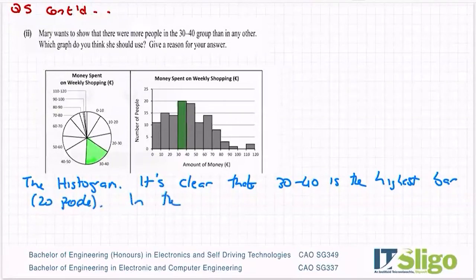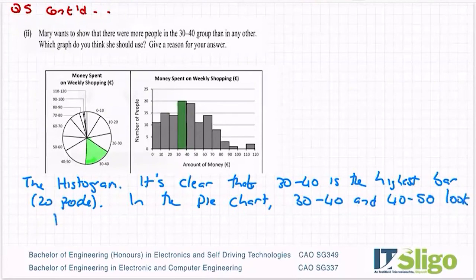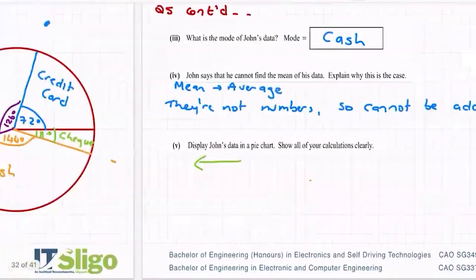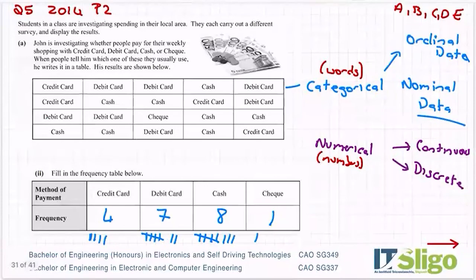Okay, in the pie chart, 30 to 40 and 40 to 50 look the same size, or the same angle, or however you want to phrase it. Okay, so that was that 2014 question, was it? 2014 question.